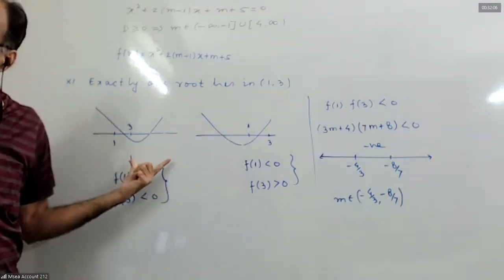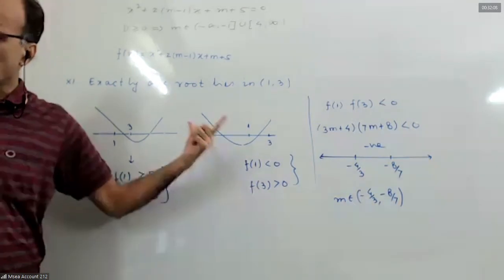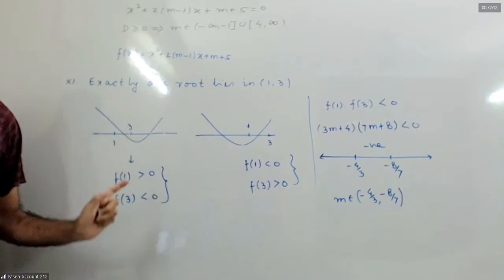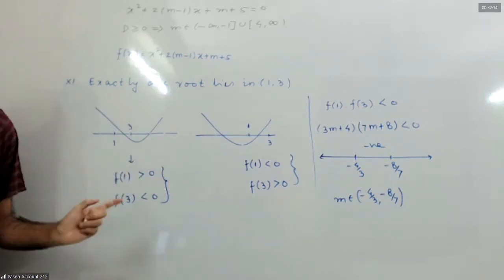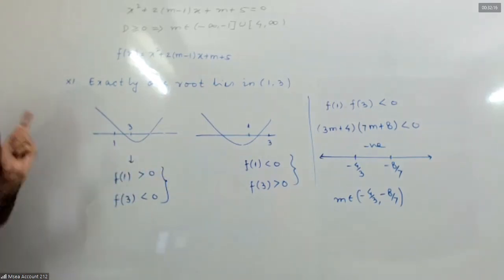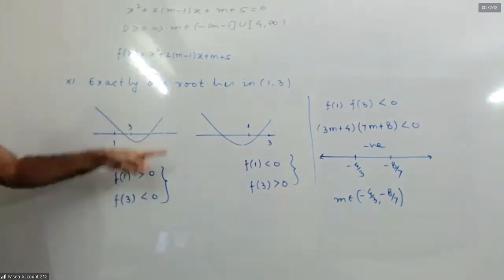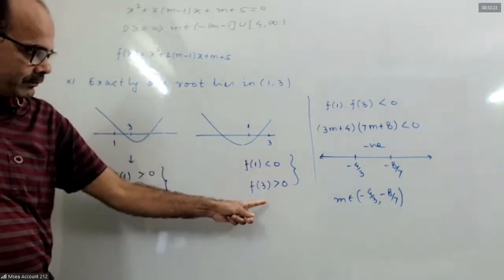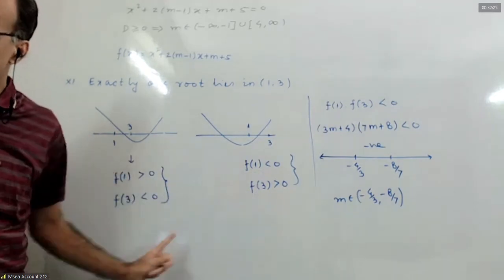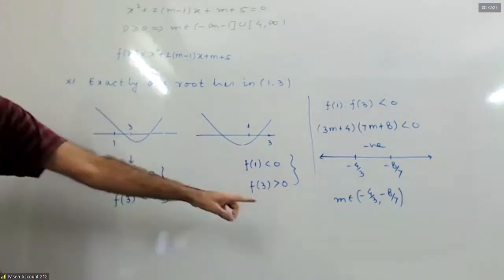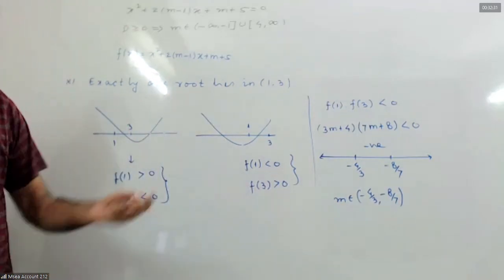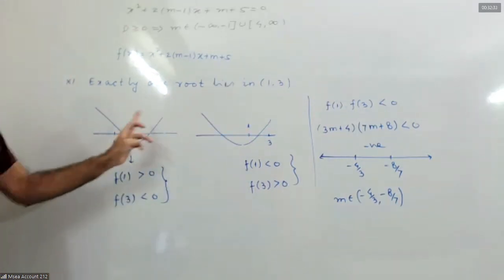So these are two different cases. Both will serve our purpose. In either case, exactly one root lies in the interval (1, 3). So whatever value we are getting for m from here, union, whatever value we are getting for m here, this union this, has to be equal to this, because f(1) times f(3) negative will cover both cases.